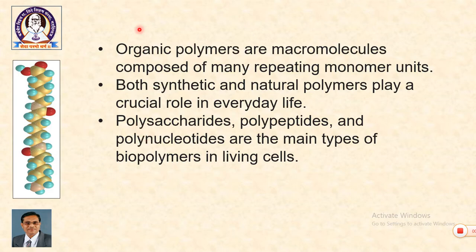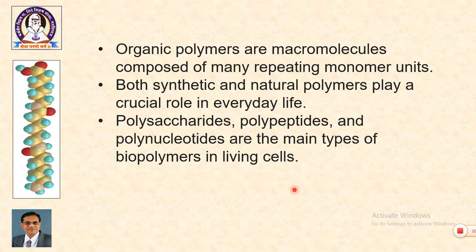Now, coming to organic polymers. Organic polymers are macromolecules composed of many repeating monomer units, and these units contain a carbon skeleton. Both synthetic and natural polymers play a crucial role in everyday life. Polysaccharides, polypeptides and polynucleotides are the main types of biopolymers in living cells. Of course, we are to deal with polymers having organic origin.